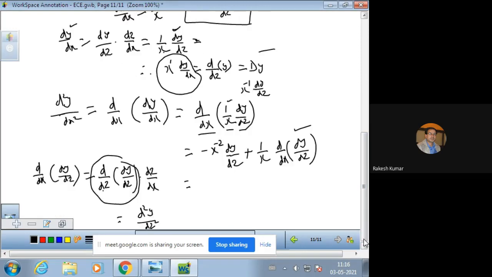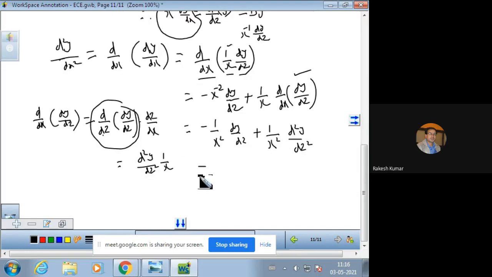So you can substitute the value here. This comes out to be 1 by x. Now put the value here, and it can be written as minus 1 by x² dy/dz plus 1 by x, and this 1 by x comes out to be 1 by x² d²y/dz².